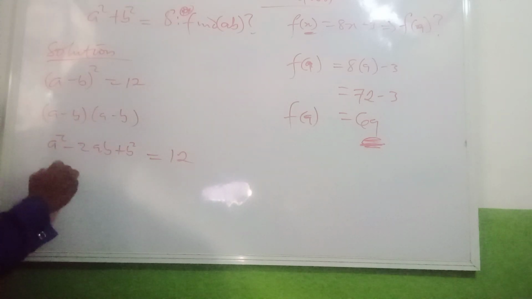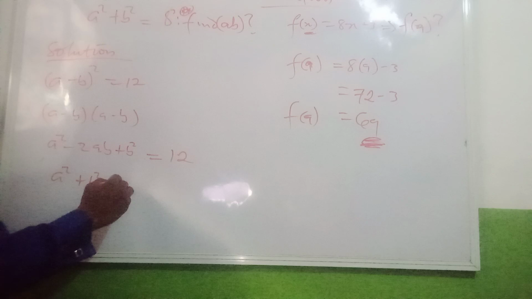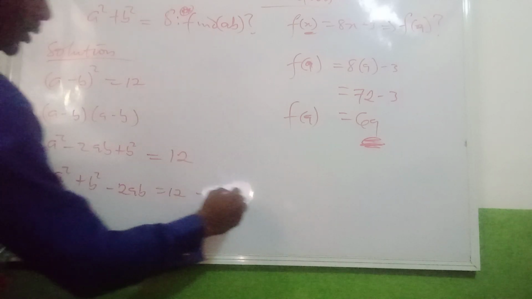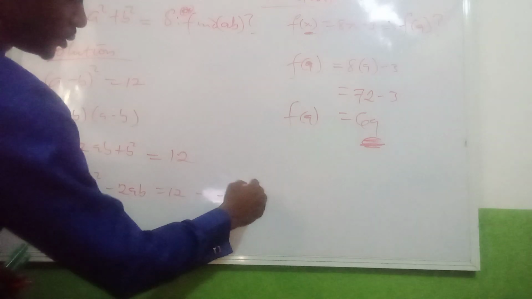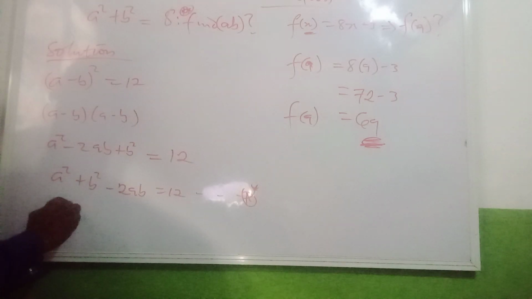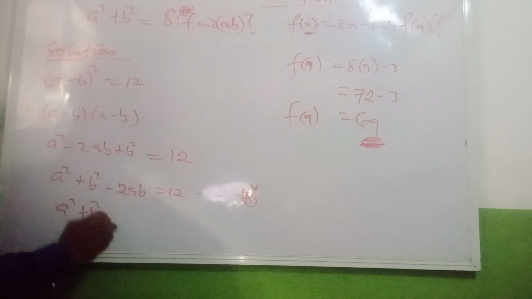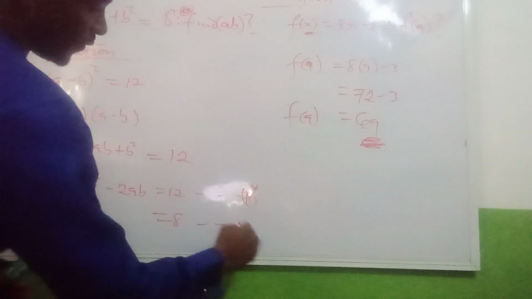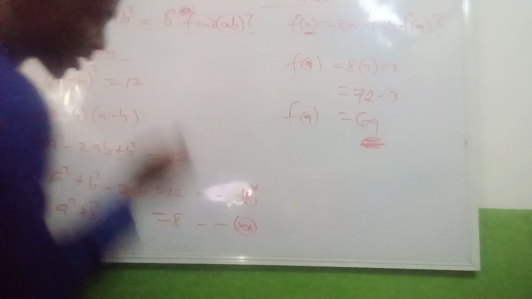From here I can say a squared plus b squared minus 2ab equals 12. I have reformed the first one. The second one, bring it down as it is: a squared plus b squared equals 8. That's the second, unreformed equation.